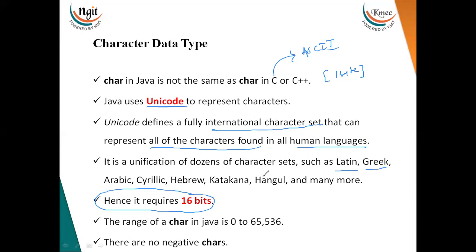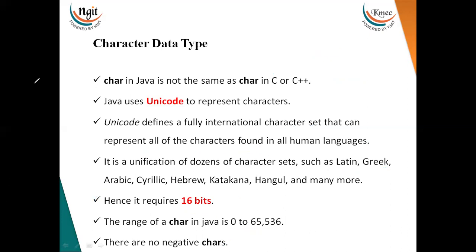These are all different languages, and these language character sets are there in Unicode. That is the reason we require 16 bits of memory storage for a character in Java. The range of character is 0 to 65,535, because we don't have any negative part, so there are no negative characters. This is all about the character data type.